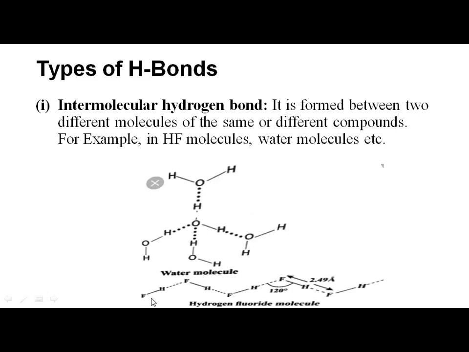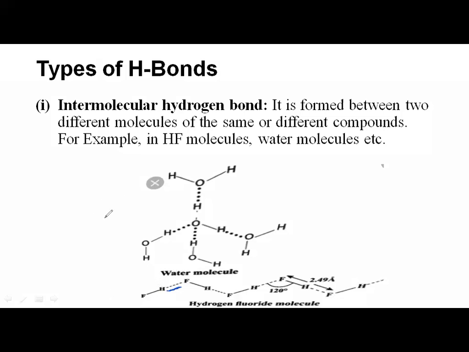You can see here, HF is there. This strong bond you are seeing is covalent bond. But this dotted line you are seeing is hydrogen bond. So when we represent hydrogen bond in HF, it is always shown in zigzag form. This is our hydrogen bond, whereas this is a strong covalent bond.